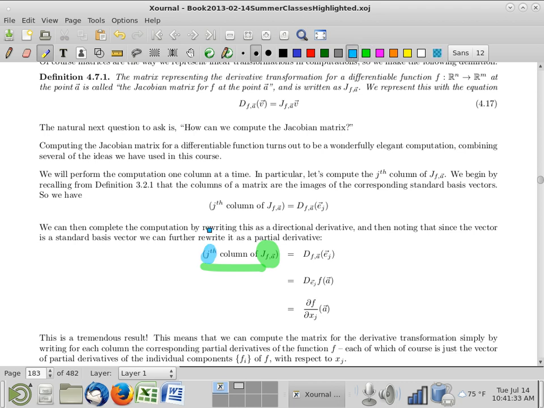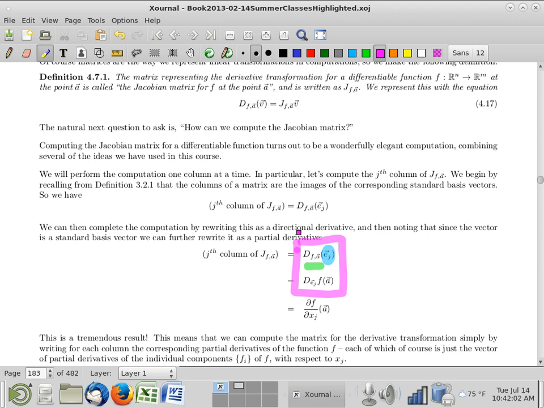I'm looking at a particular column. Keep in mind, columns are images of standard basis vectors. That's how the matrix notation came up in the first place. Don't forget that the derivative transformation applied to a standard basis vector, any vector actually, is computing a directional derivative.